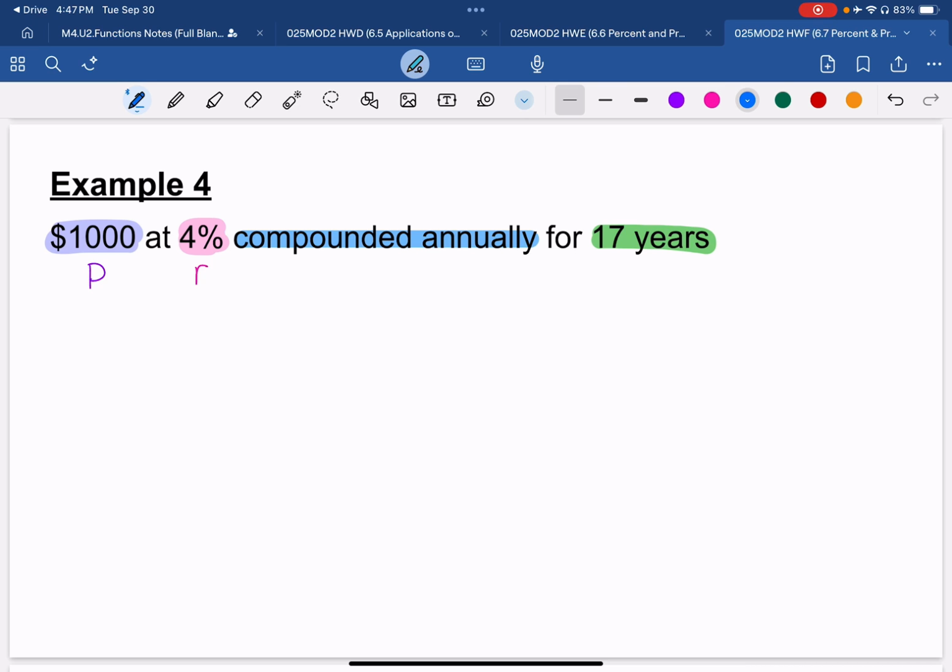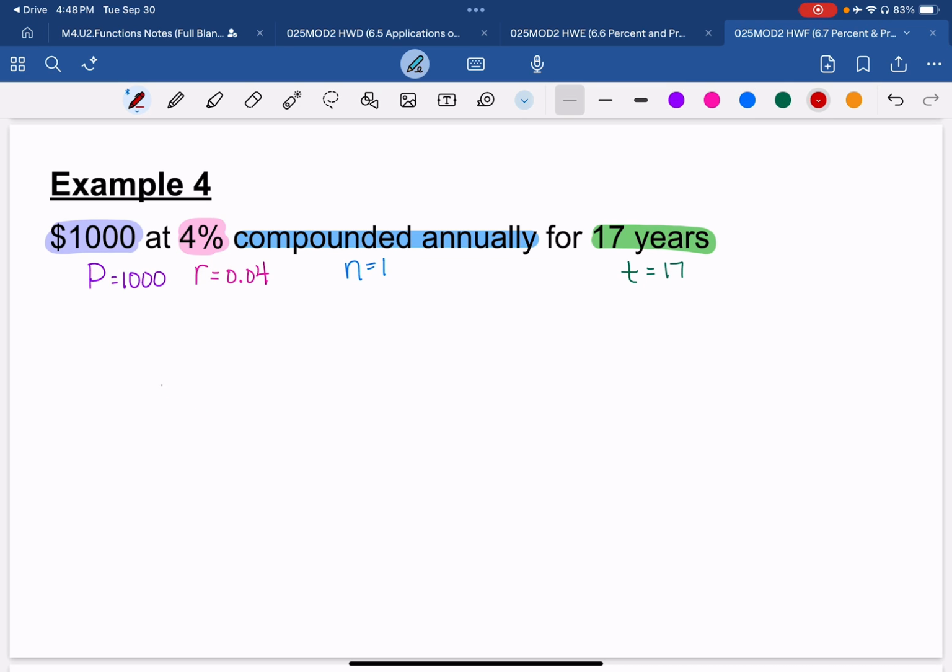Compounded annually, so that tells me about my N. And annually, something that happens annually is once a year. 17 years, that's my time. So time is 17, N is 1, R I'm going to write as a decimal, so 0.04, and P is 1,000.